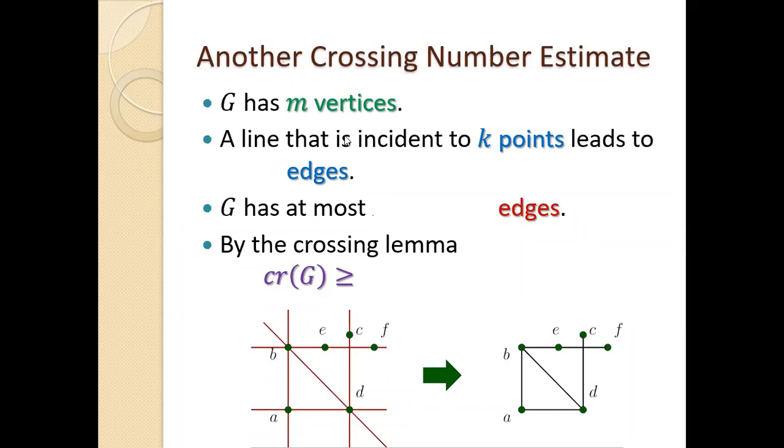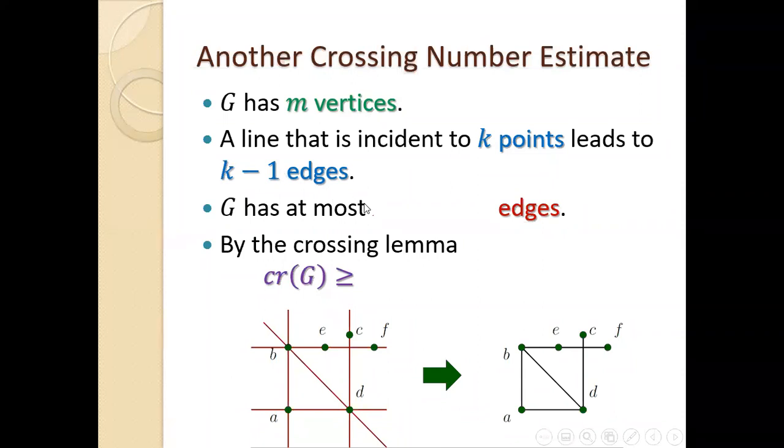So in general, it's not 100% true, but in general, a line that is incident to k points will give us how many edges? See, someone already wrote the answer. Very good. Yes, so it's always 1 less than the number of points, k minus 1. There's an exception, doesn't matter.